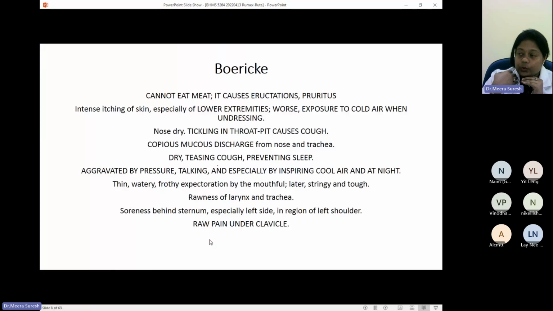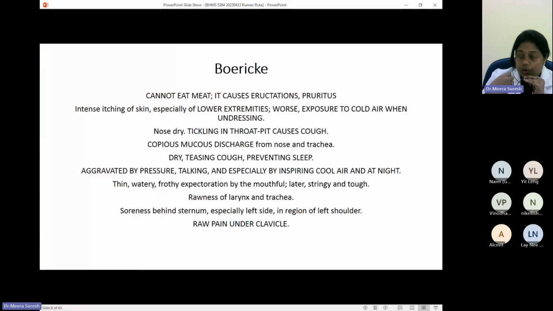You just write there is a raw sensation in the clavicular region or under the clavicle, that will do. But in Clarke or Kent, they have given an explanation like the person will feel the cold air is entering from underneath the clavicle. You see that much cold exposure is going to cause him trouble. So even if that explanation is not written in the exam sheet, doesn't matter.